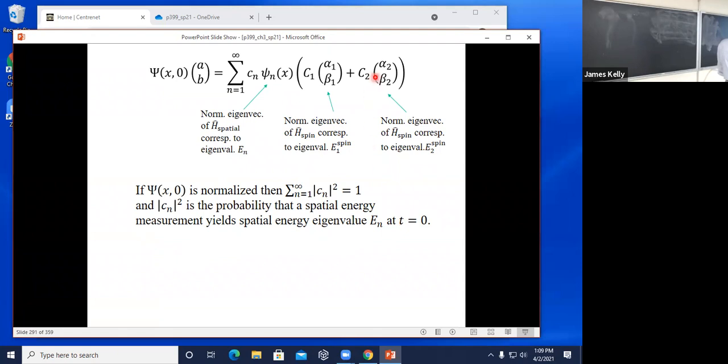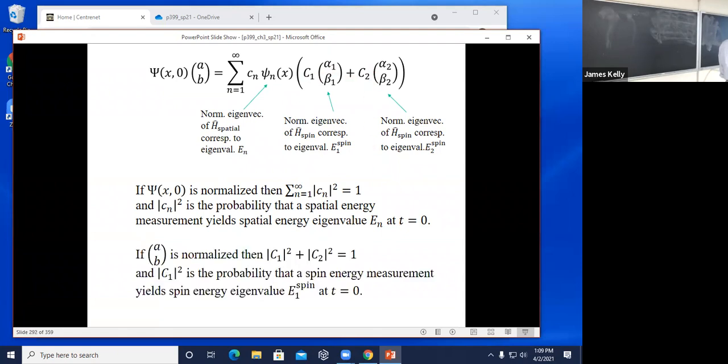The interpretation of these C1s and C2s is going to be the same thing. If we start out with a normalized 2-element vector, then the sum of the squares of these 2 coefficients out here are going to equal 1. And the magnitude squared of C1 has a probability interpretation. Same thing with C2, but I didn't want to write it twice.